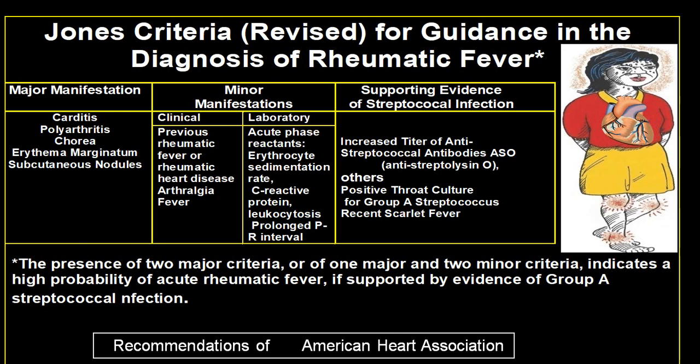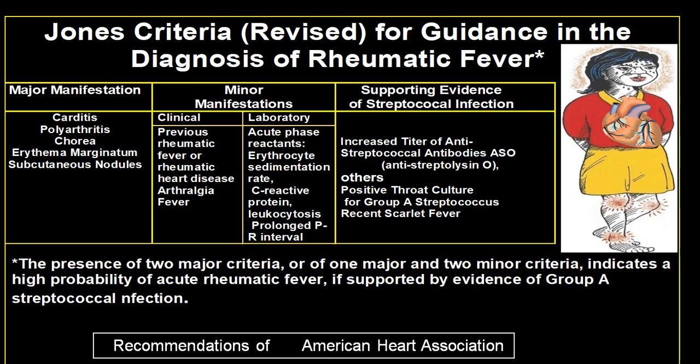In the minor criteria, there are clinical criteria like previous rheumatic fever or previous rheumatic heart disease, arthralgia, fever, etc. The laboratory parameters included in minor criteria are ESR, C-reactive protein, leukocytosis, and on ECG, PR interval prolongation.